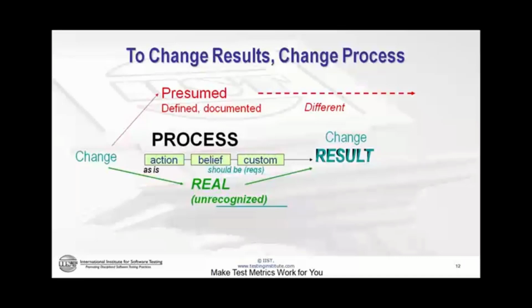The should be or future state process is the one that will presumably produce our desired results. And requirements relate to the should be process. In other words, requirements are what it is that we think will be producing our desired results.